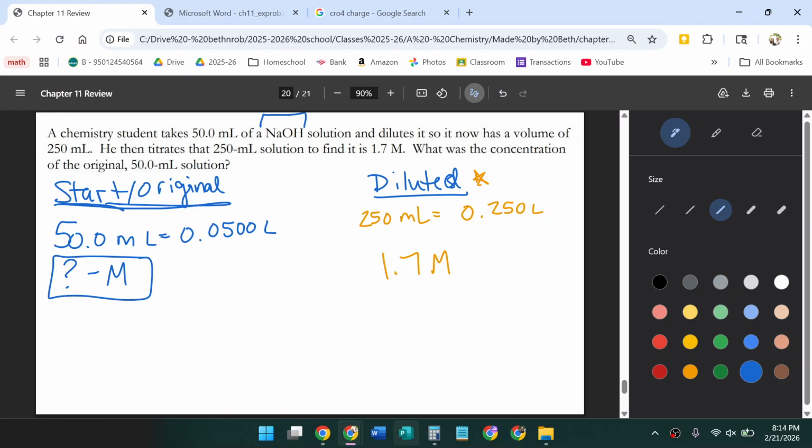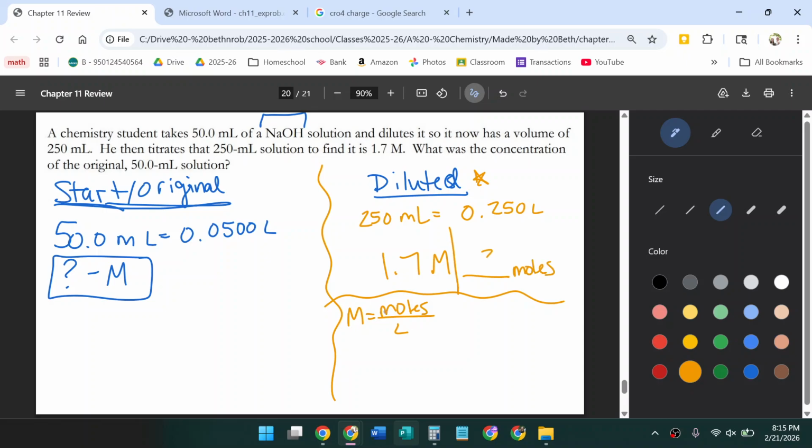Just like we've been doing before, we just take our formula. M equals moles per liter, because we can use the molarity and the liters to find how many moles this had. And then because we know that all these moles came from the original, because we used all of the original, it just says we took 50 milliliters and diluted it.